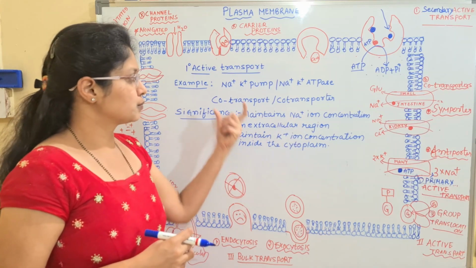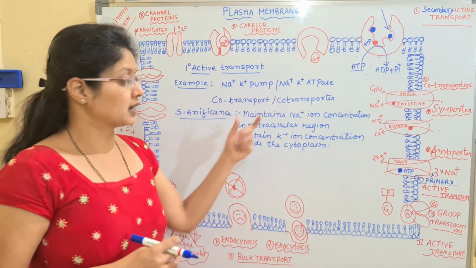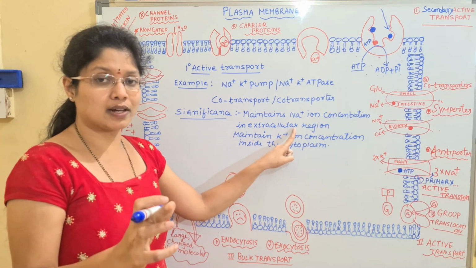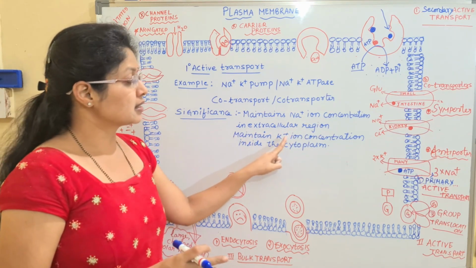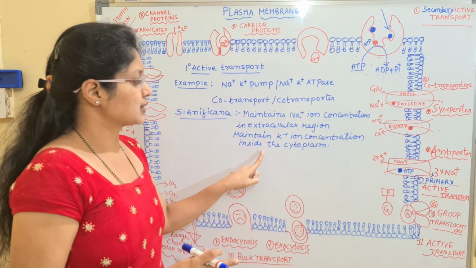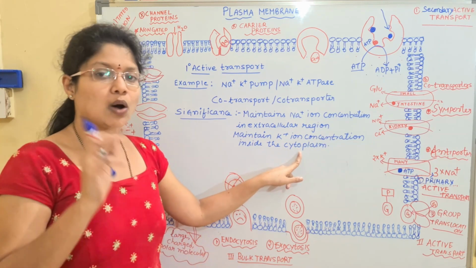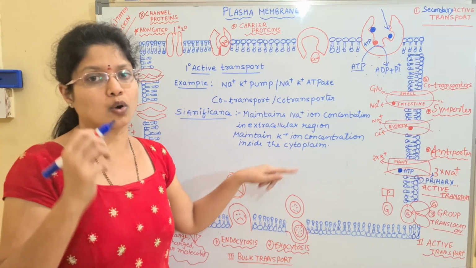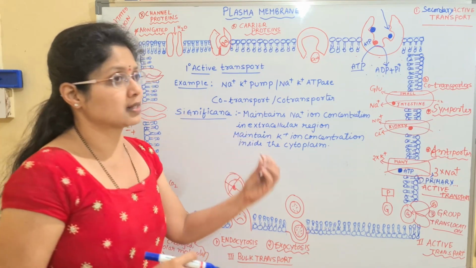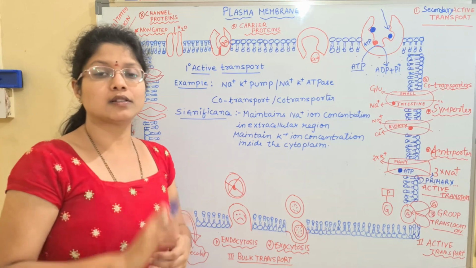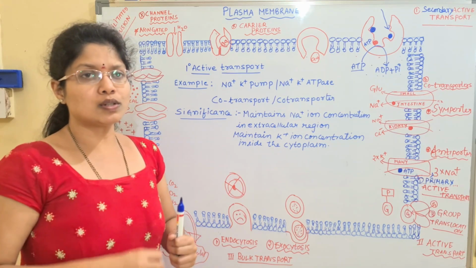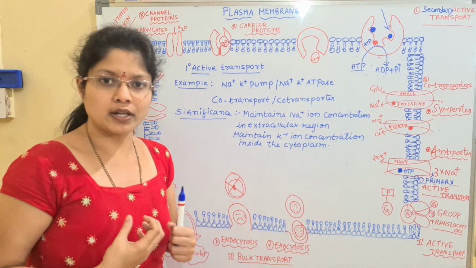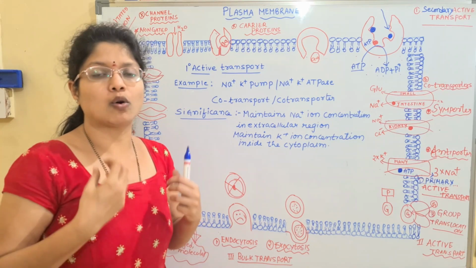So here there are two main functions. One is that the sodium potassium pump maintains the sodium ion concentration in the extracellular region, and it maintains the potassium ion concentration inside the cytoplasm. Now I will tell you why it is important to maintain the sodium ion concentration in the extracellular region. One thing you have to remember: glucose is the most important molecule inside our body or inside any living organism.